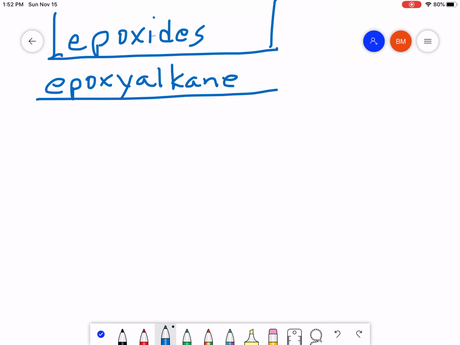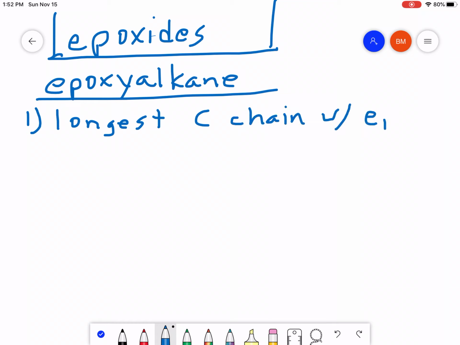So looking at the rules, what you want to do is find the longest carbon chain with your epoxy group. What's kind of funny about this is that the carbons in your epoxy group also sort of double up as being carbons in the chain at the same time. I'll show you an example of this in just a minute.